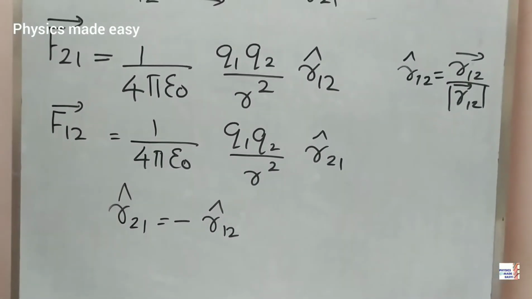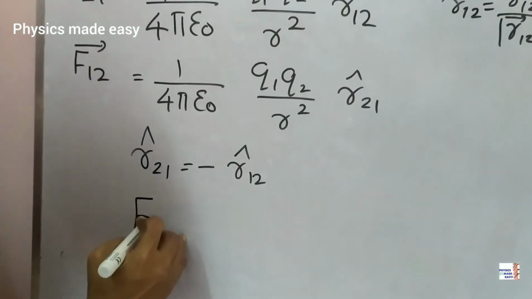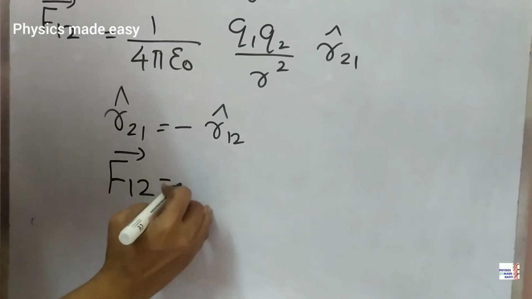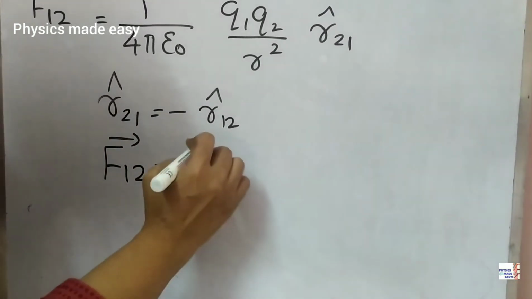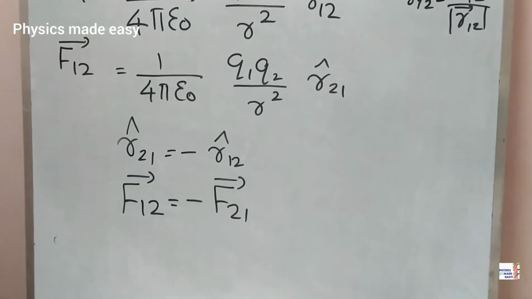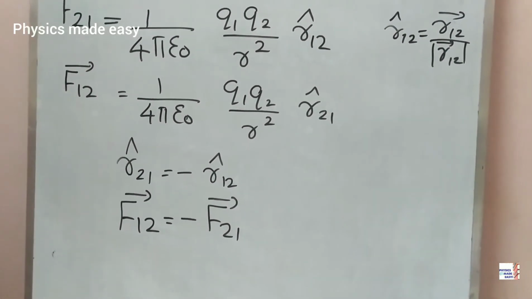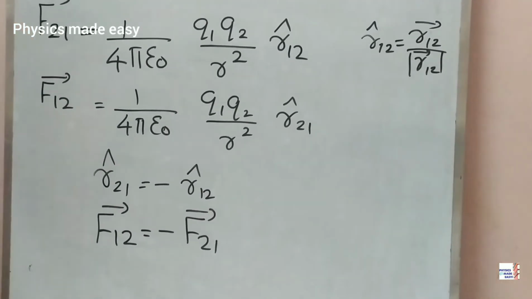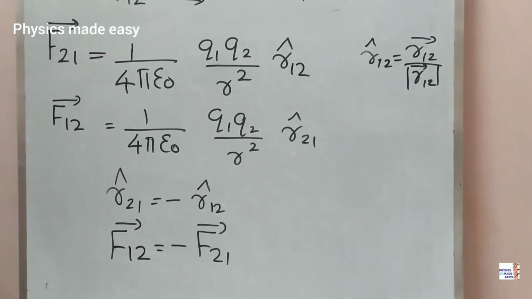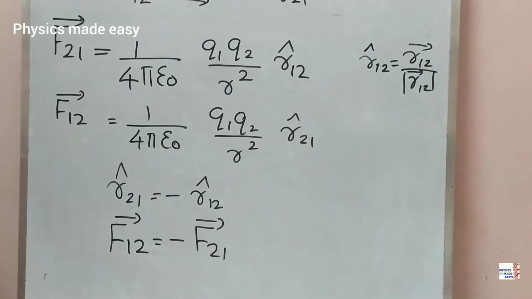Then how can we write about the force? That we can write as F12 is equal to minus F21. This you know. Equal and opposite forces. So we can say here the two forces are equal and opposite, and we can say the Coulombian forces obey Newton's third law of motion, that you know. For every action there is an equal and opposite reaction.